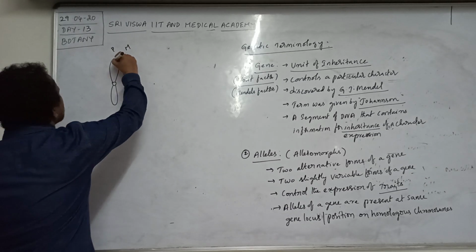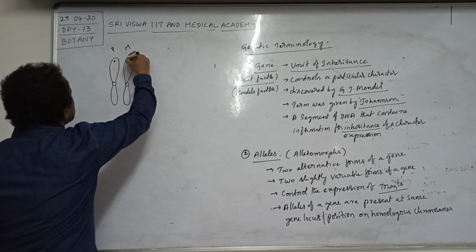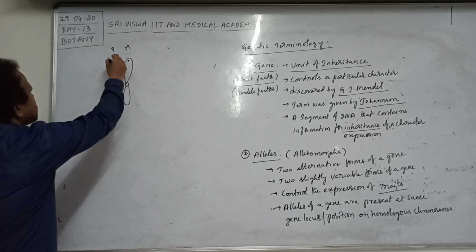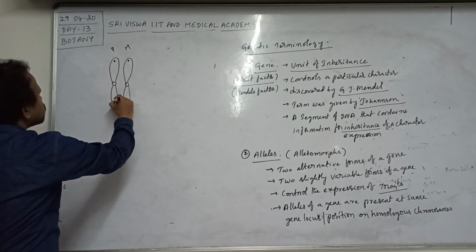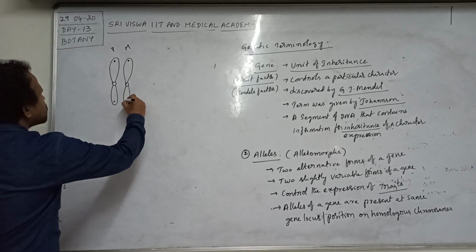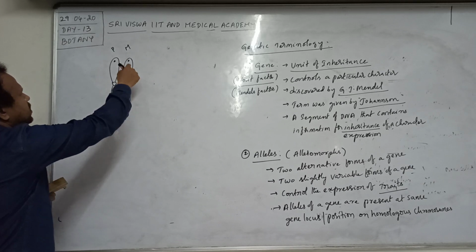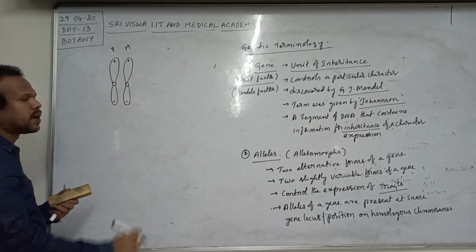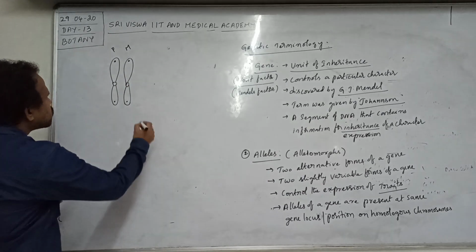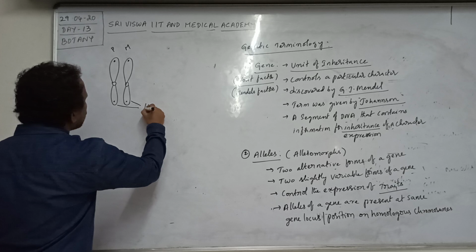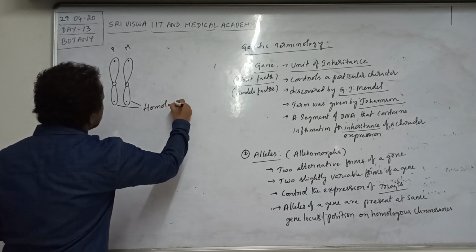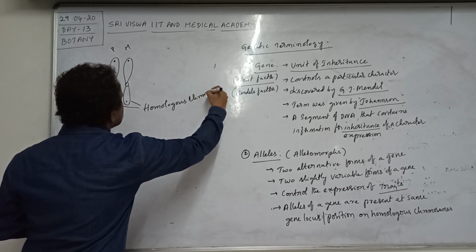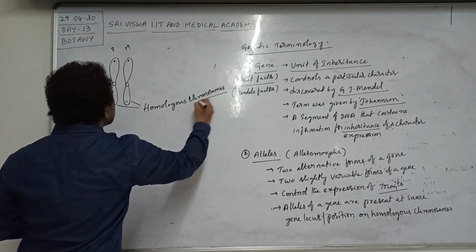The P chromosome has two genes, and the M chromosome has two genes. These two chromosomes are referred to as homologous chromosomes.